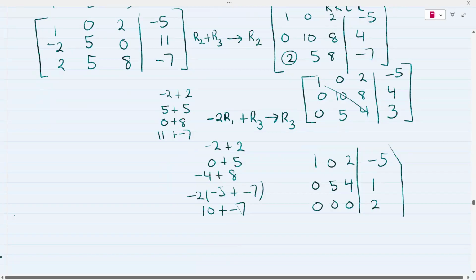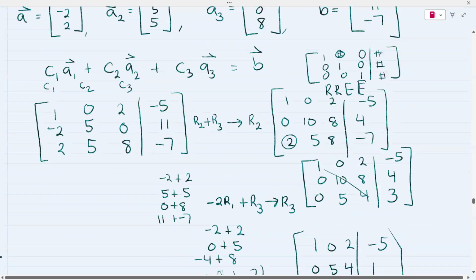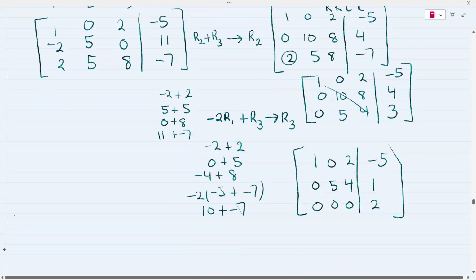Once you get here, you can stop because this would be false. We said that the columns are C1, C2, C3. So what that means is 0 times C3 equals 2. That's false, because 0 times C3 is really 0.